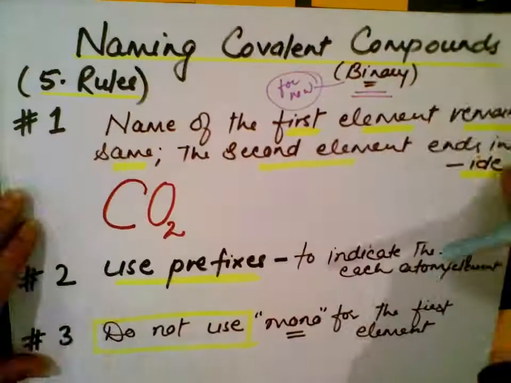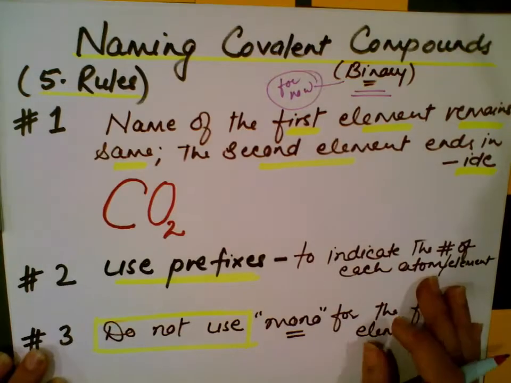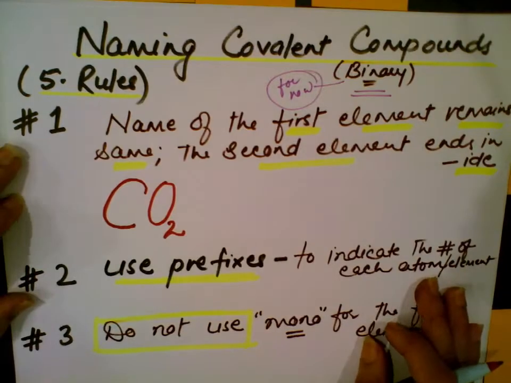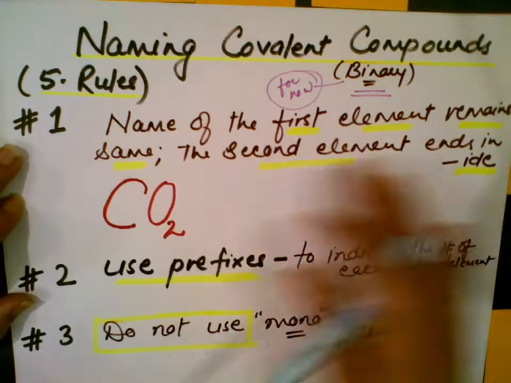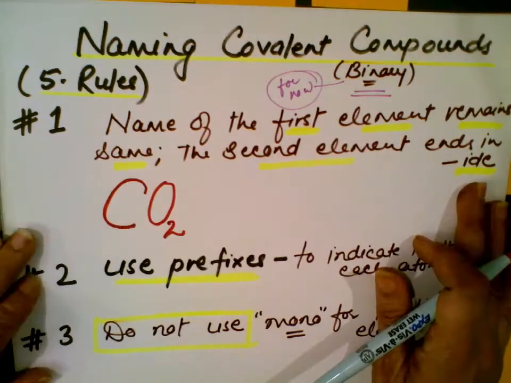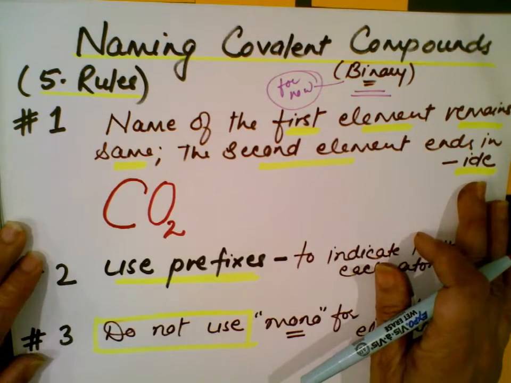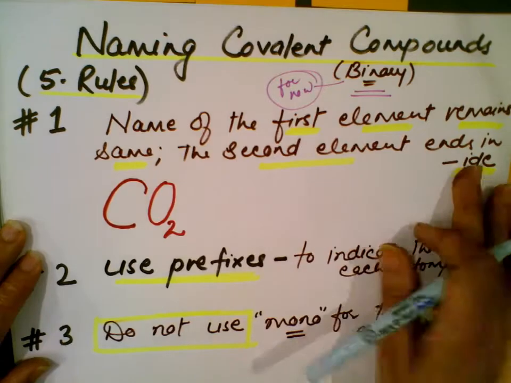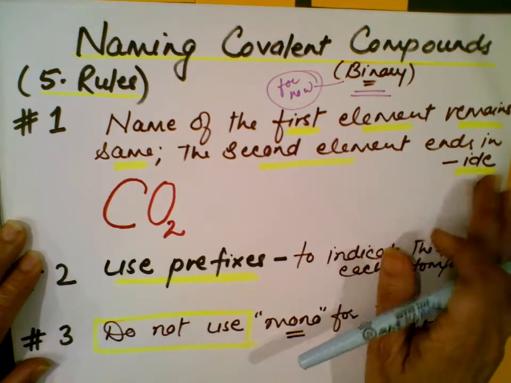Let's start with the rules. There are 5 rules for naming covalent compounds. Rule number 1 is that the name of the first element remains the same and the second element ends in IDE. So this is very similar to the name of binary ionic compounds, but however the second element is not an ion even though it is ending in IDE.